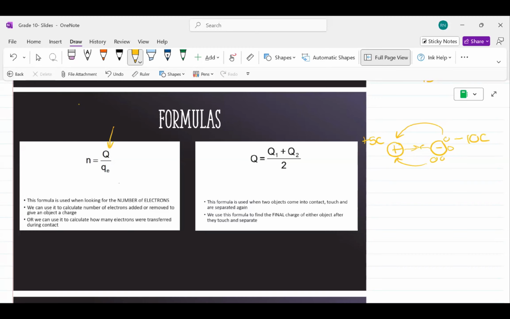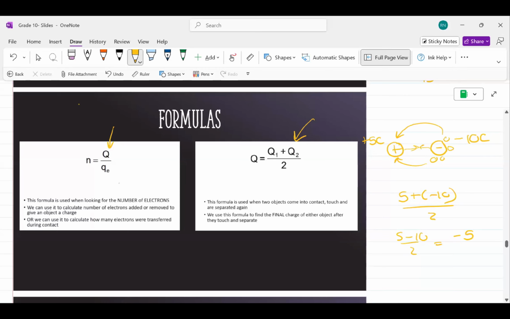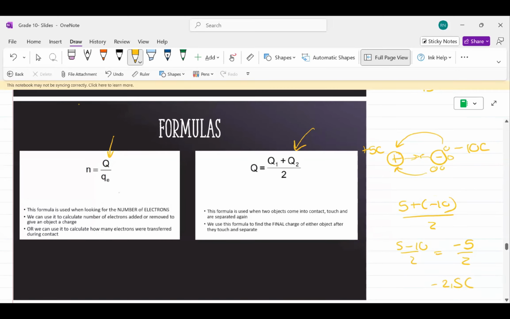In our equation, this is the one that we use to determine what the charge is at the end. So we'd say 5 plus minus 10 over 2. So it's 5 minus 10 over 2, which will give us minus 5 over 2. So it's negative 2,5 coulombs for both of them, right?